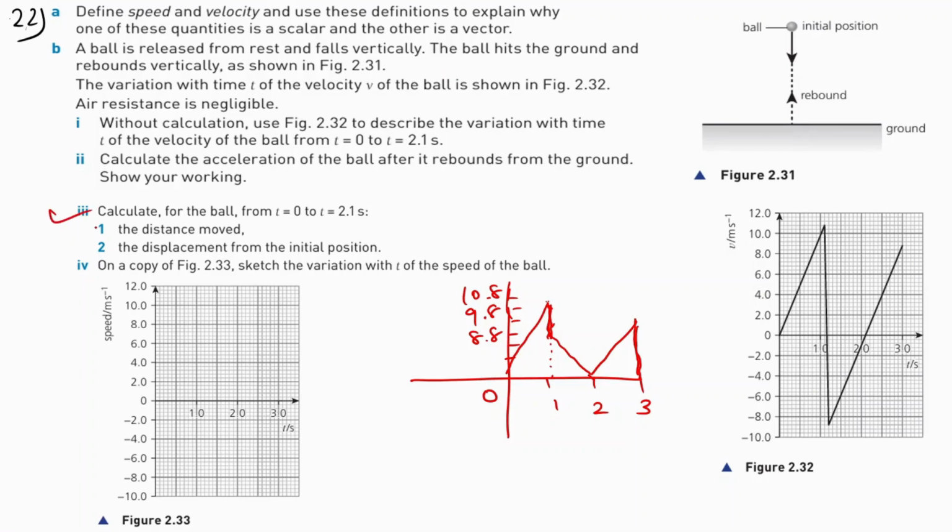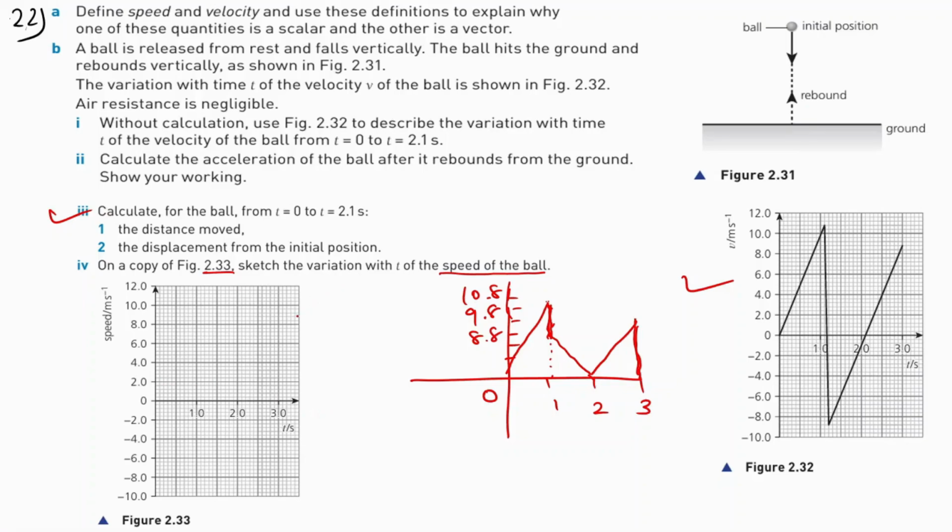Now this is about question number three. Question number four says: on a copy of figure 2.33, sketch the variation of speed with time of the ball. Here they have given us a velocity versus time graph, and we have to draw a speed versus time graph.